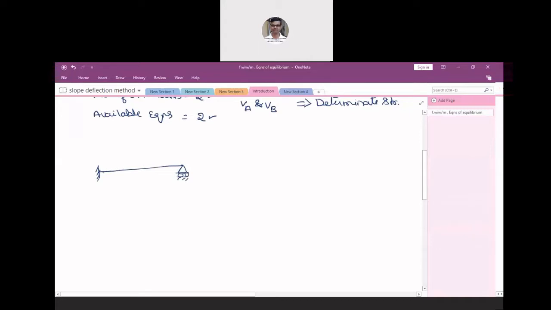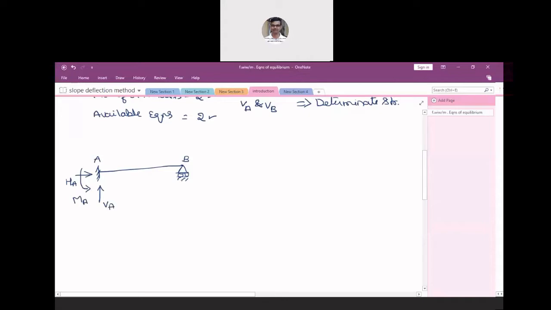Now, if I want to calculate the number of unknowns, I will have to calculate the number of reactions. At the fixed support, if I designate this joint as A and this as B, I'll have a horizontal reaction at A, and a vertical reaction at A, which I'll call VA. Along with that, I'll have a moment that I will call MA.